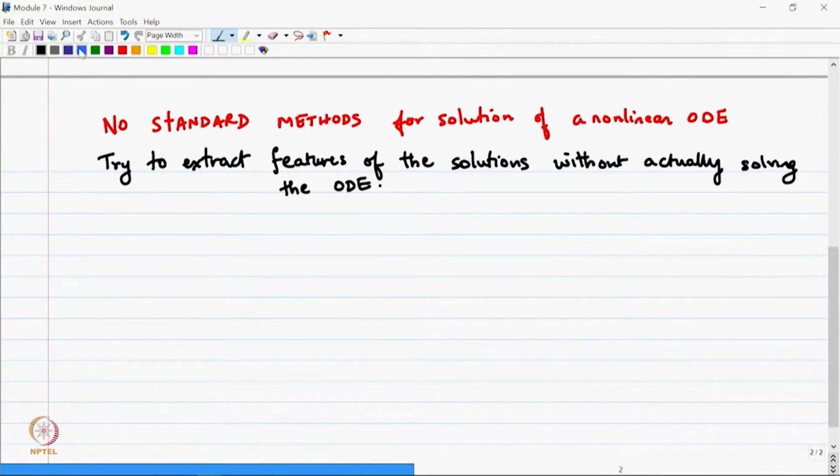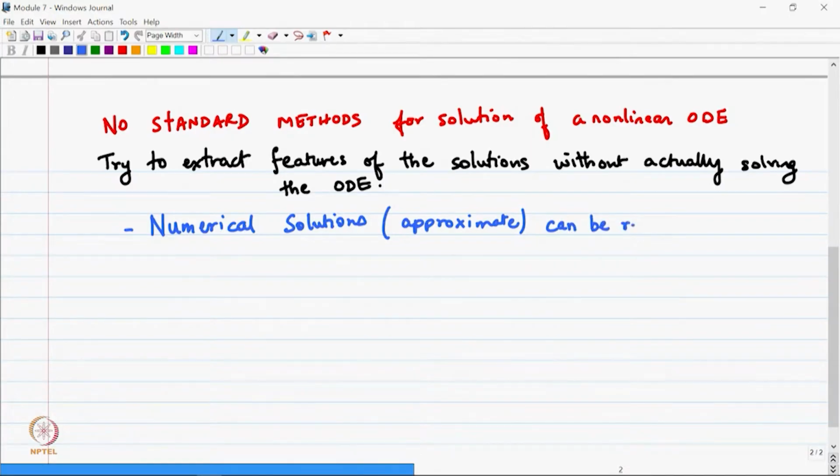It should be emphasized that it is relatively easy to find numerical solutions. Numericals are usually approximate, but they can be made fairly accurate. When you solve it numerically, you get numbers as the answer, as opposed to getting functions.